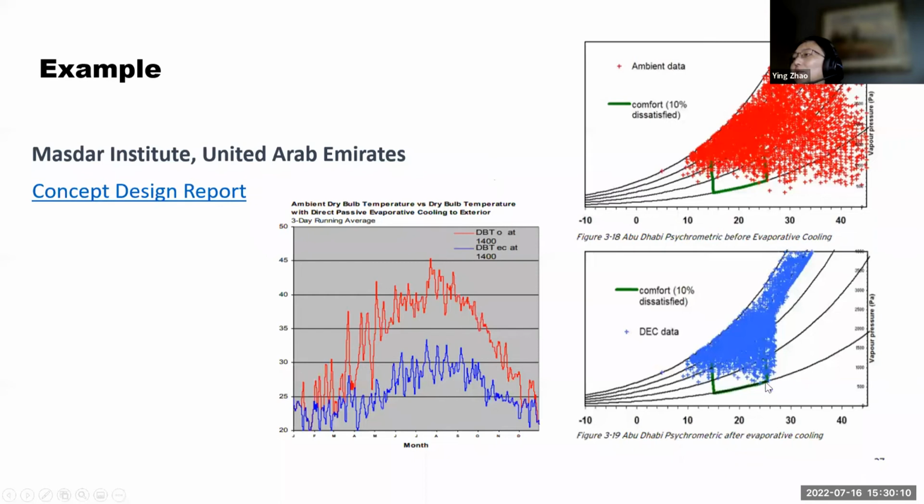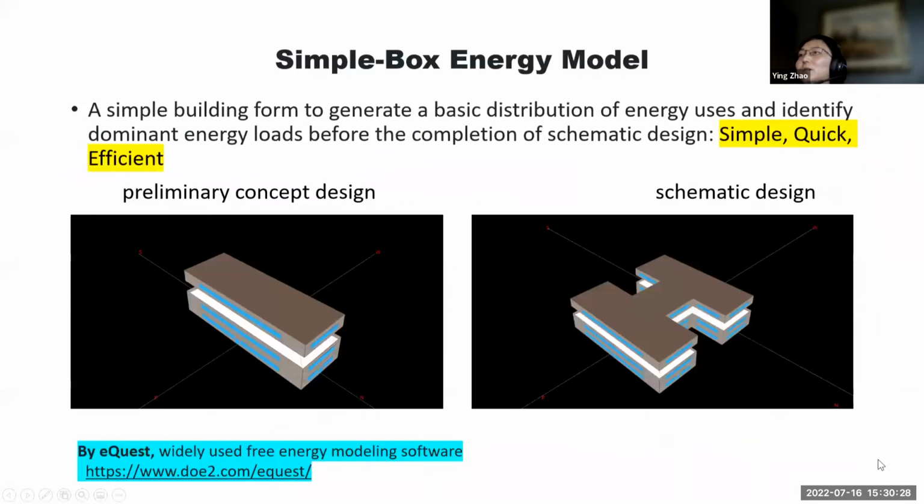The temperature gets lower, and because it was dry, even the humidity increase could still be okay. So that's how it works. So that's the analysis.